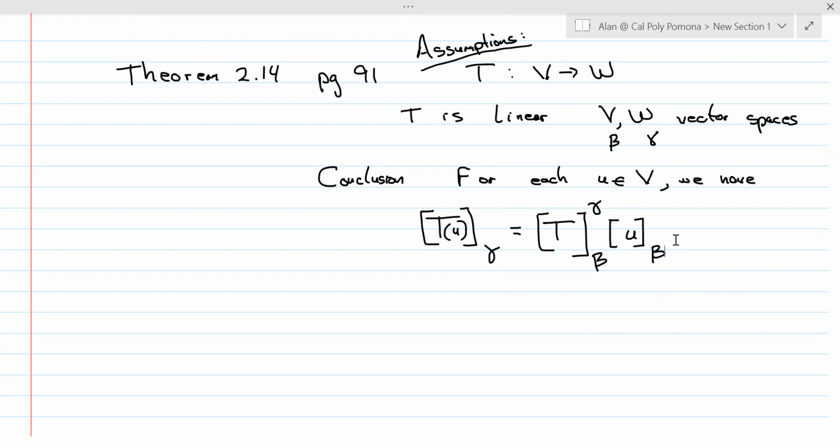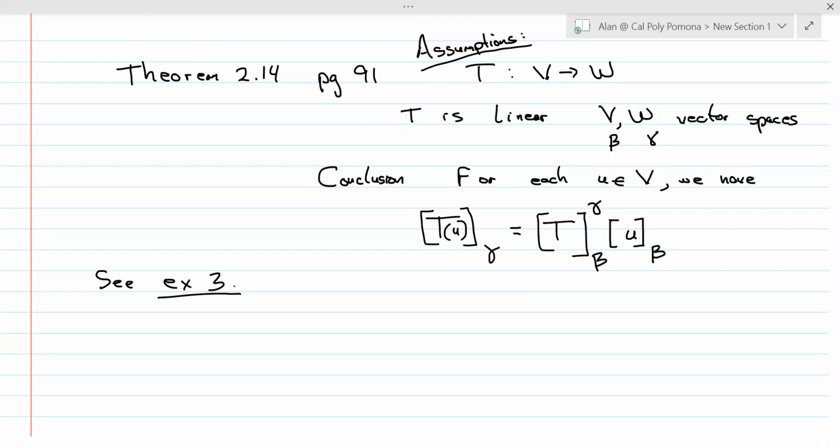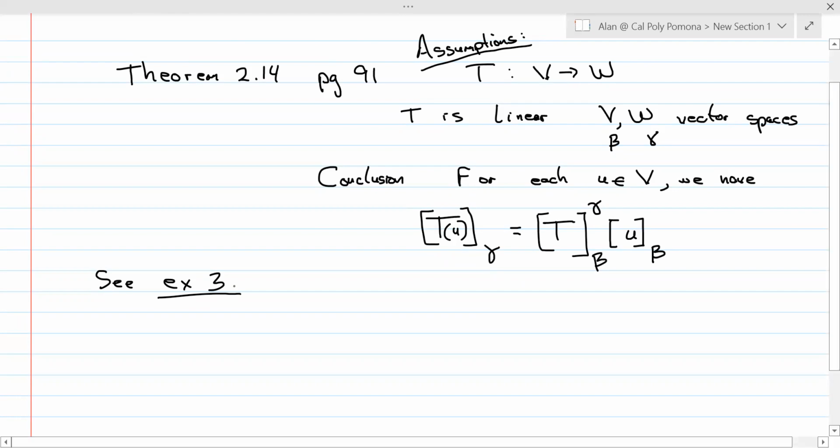Let's do the example. So example 3. Example 3 should be a follow-up to an example that I think we've already done. It says let T go from the vector space P3 of R into P2 of R. And how does it work?